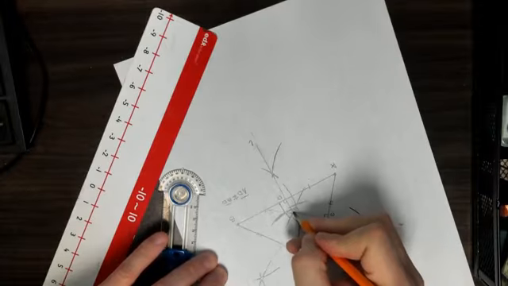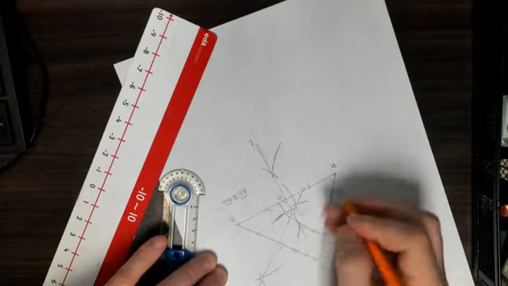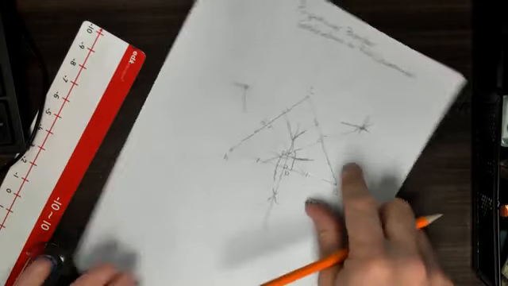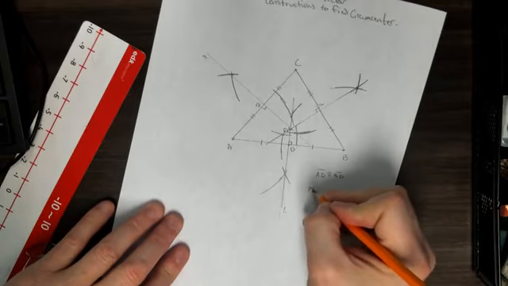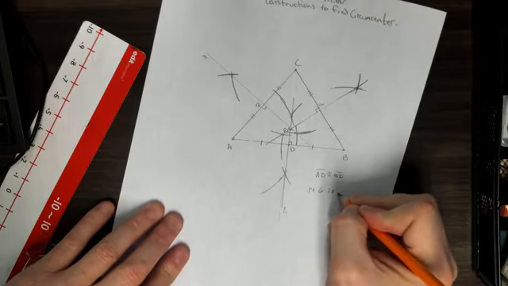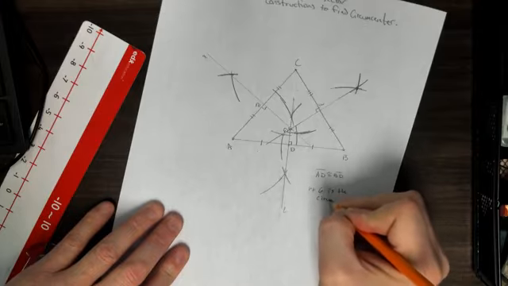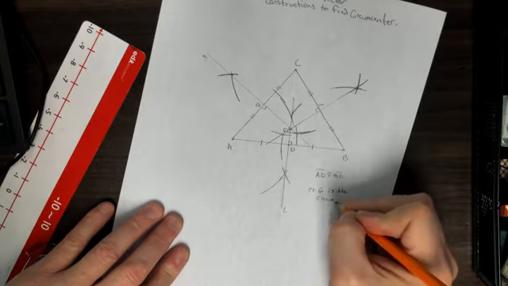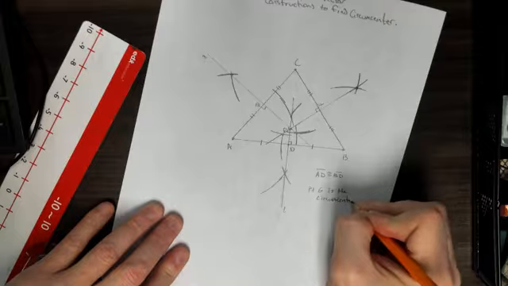And so what we do notice right here is this point G, and I'm going to turn this over, it's a little upside down, but point G is what we call the circumcenter.